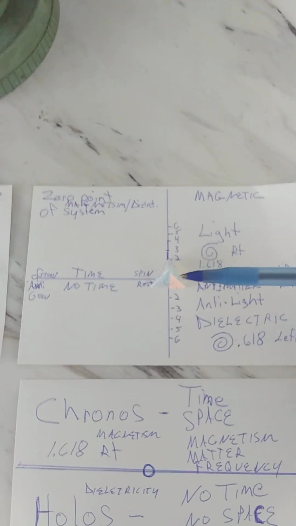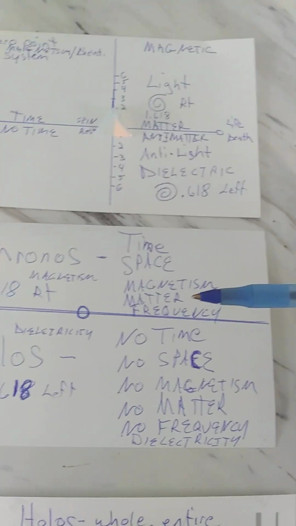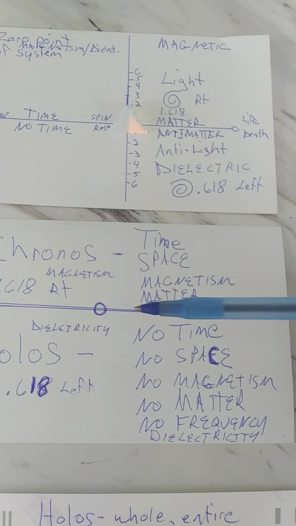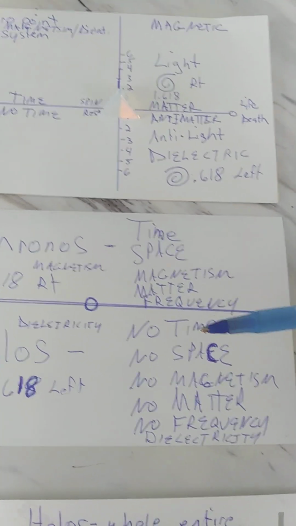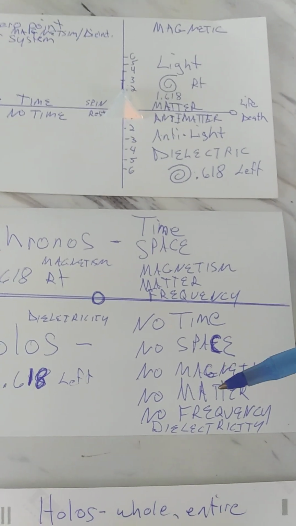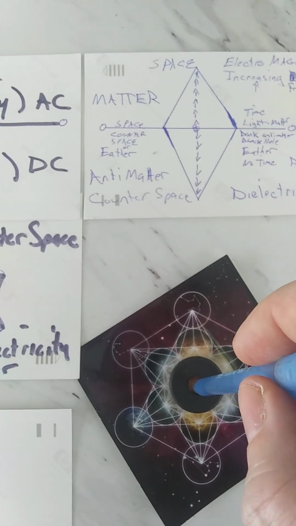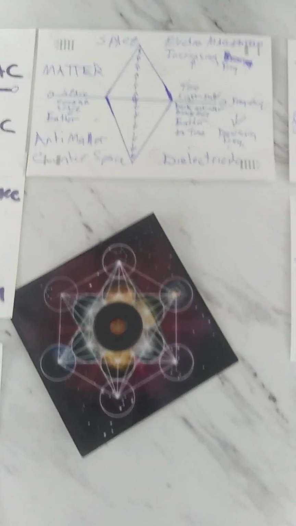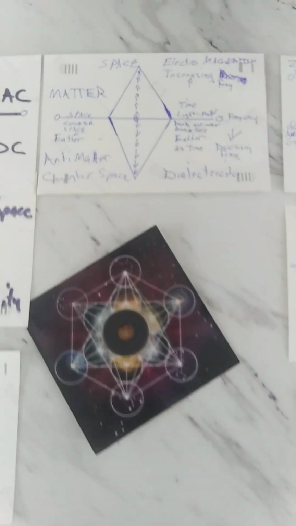Okay, and then when you spin to the left toward counter space, counterclockwise, you're entering dielectricity. Once you pass that 0, you're entering no time, no space, no magnetism, no matter, no frequency, pure dielectricity, just like what's at the center of the earth. Same thing that's at the center of the magnet. Same thing that's at the center of the universe or your galaxy, a giant black hole.